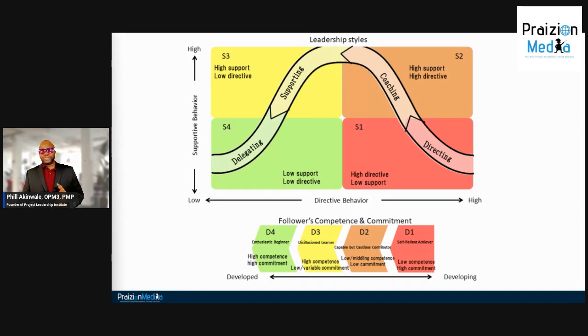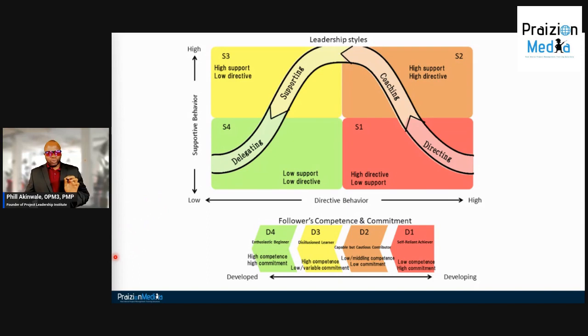We have two axes here. We have the y-axis, as you can see, which is supportive behavior. And on the x-axis, we have directive behavior. So think about it like this.